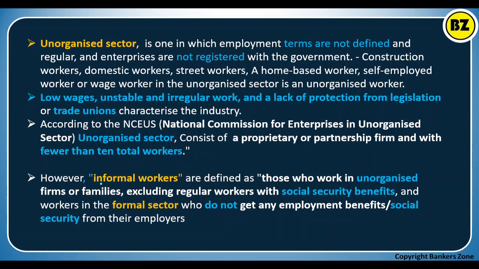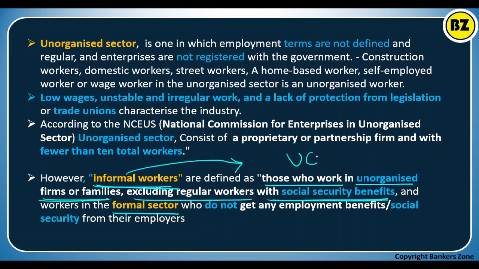Now apart from that, what is an informal worker and what is a formal worker? See, informal workers are defined as those workers who work in unorganized firms or families, excluding regular workers with social security benefits. Means simply, informal are those unorganized workers who are getting, in addition, some social security benefit.